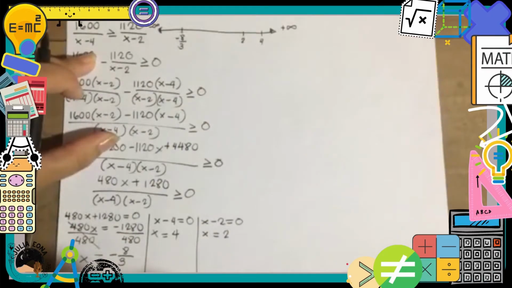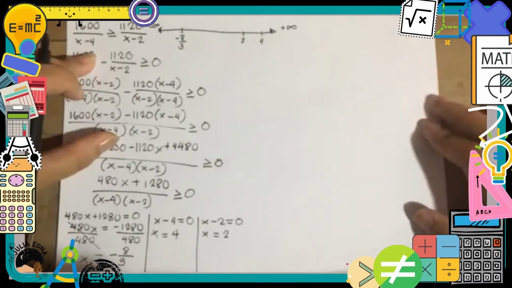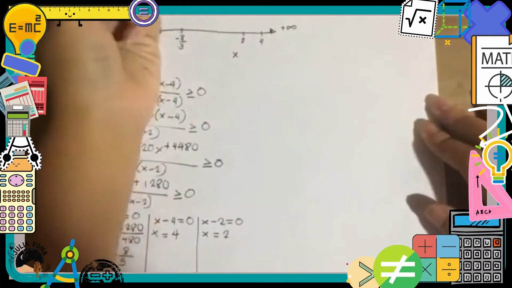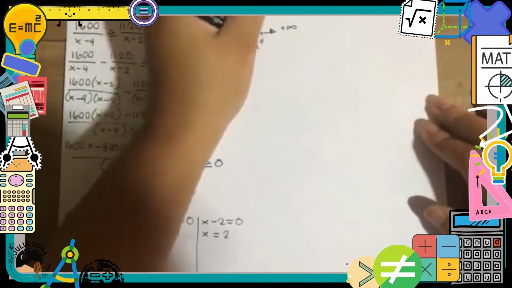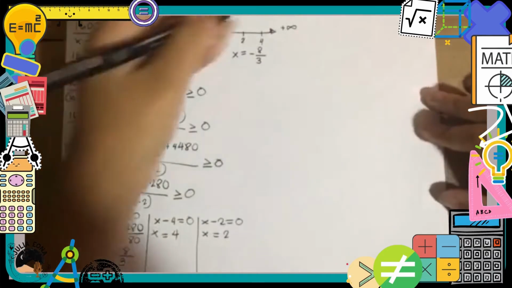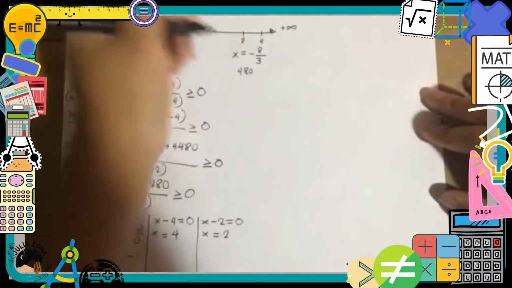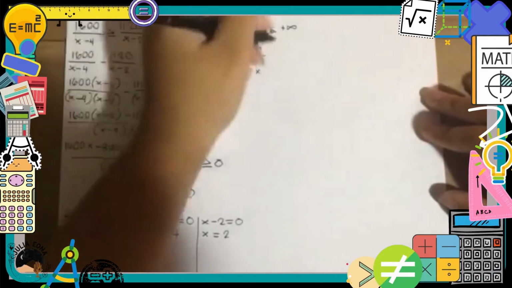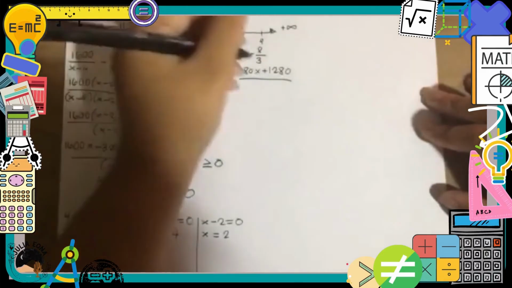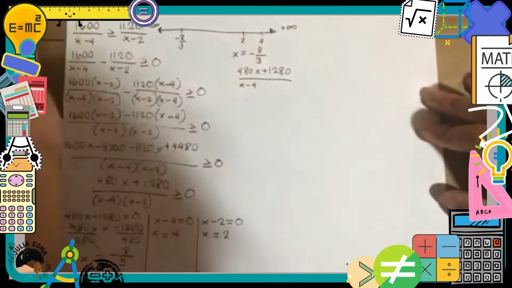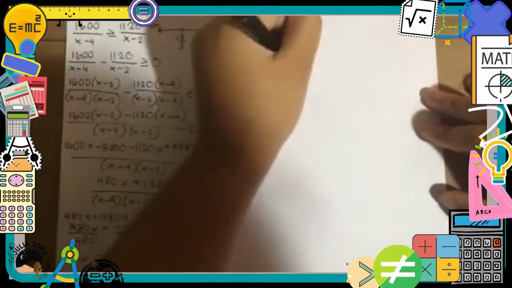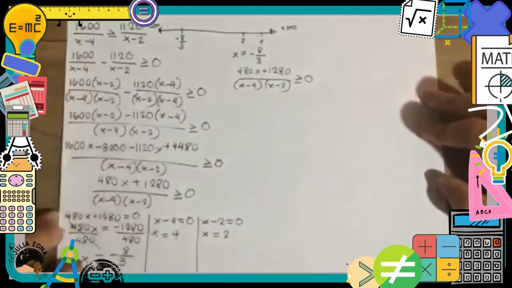Now let's find out if these values are included in our solution or not. Let's have first x equal to negative 8 over 3. So we're going to have 480x plus 1,280 over x minus 4 times x minus 2 greater than or equal to 0.